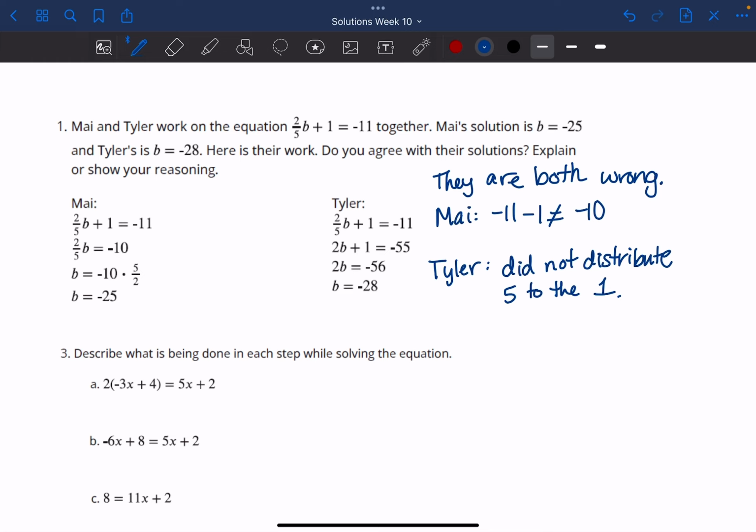Those were the errors that they made. So Mai did some subtraction incorrectly, and then Tyler did not do his distribution correctly. For extra steps here, I might just show, like, this is what's incorrect, and this is what's incorrect if we go from there. Now, they didn't ask me to actually solve it, so I'm not going to solve it and give the correct answer. I'm just going to leave it like that.